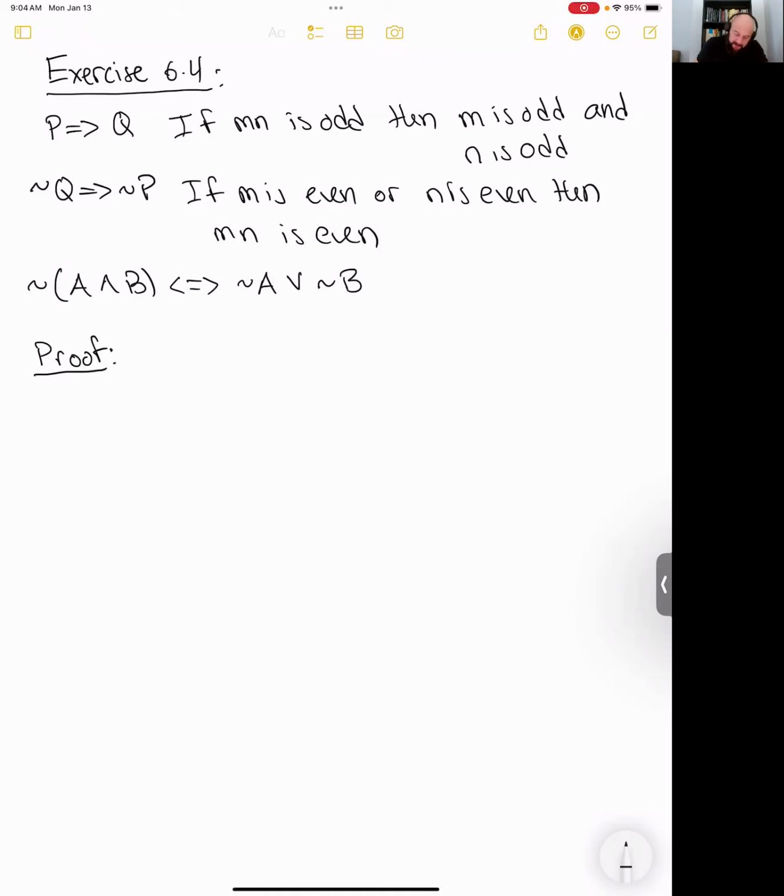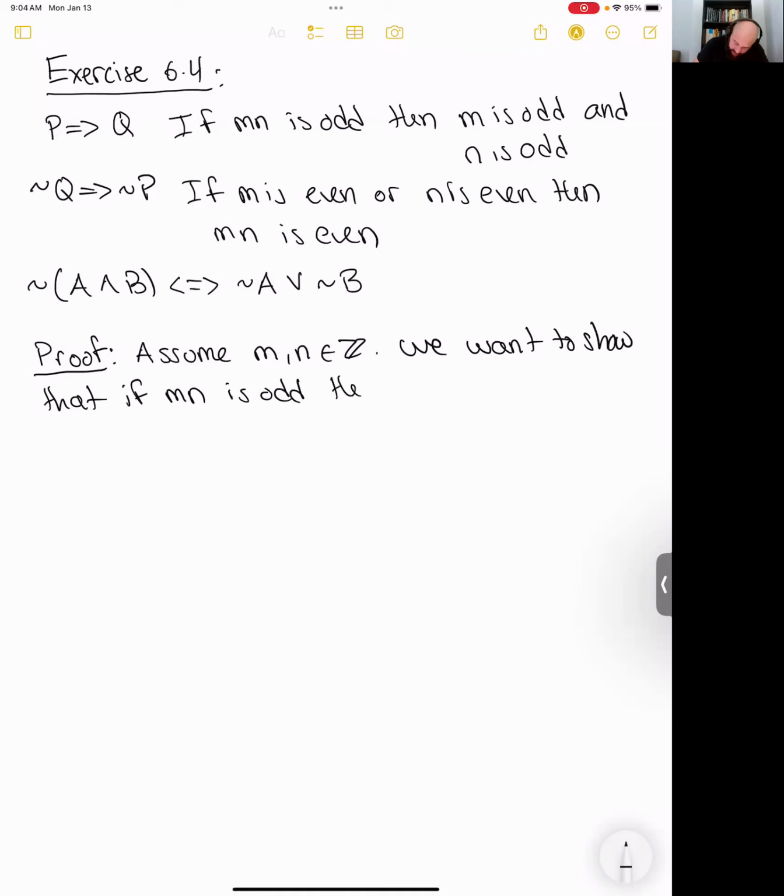We're going to prove that if m times n is odd, then m is odd and n is odd. But we're going to do this by contrapositive, right? So assume that m and n are integers, and we want to show that if m times n is odd, then m is odd and n is odd.